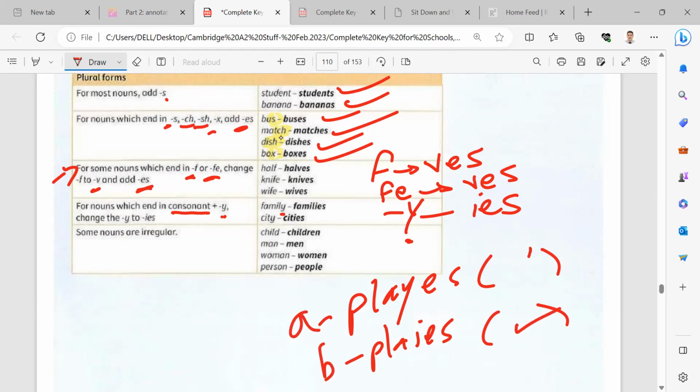This one correct, this one wrong? I think all of it is correct. No. This one no, Nawaf. This one correct. Why here can't I change it? I can't change Y because before Y you have a vowel. So in this case, just write S.